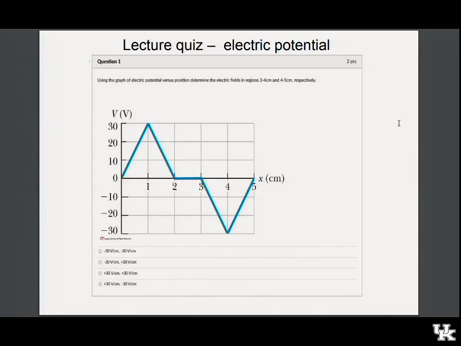And so the magnitudes of the fields are the same in these cases too. And so we end up with positive 30 volts per centimeter for the electric field in this region, 3 to 4 centimeters, negative 30 volts per centimeter for the electrical field in this region here.